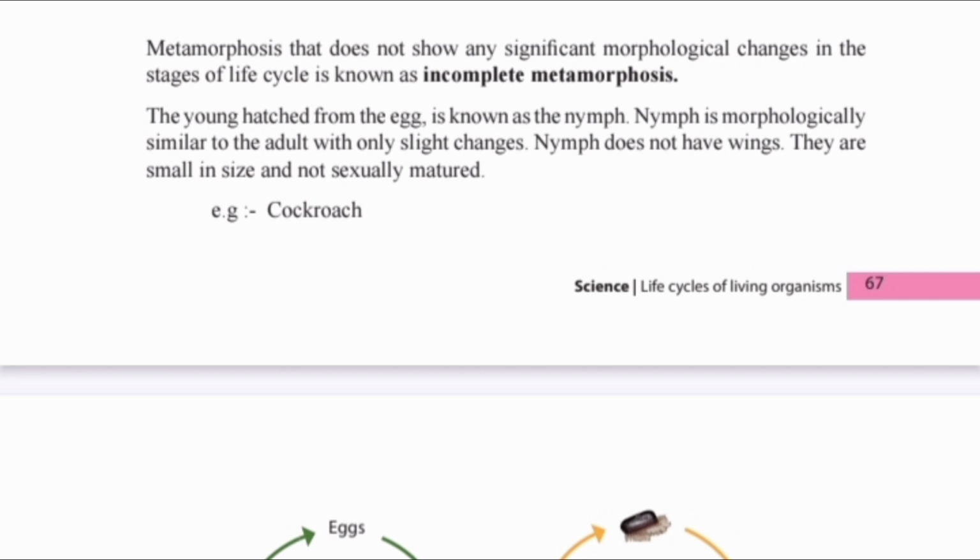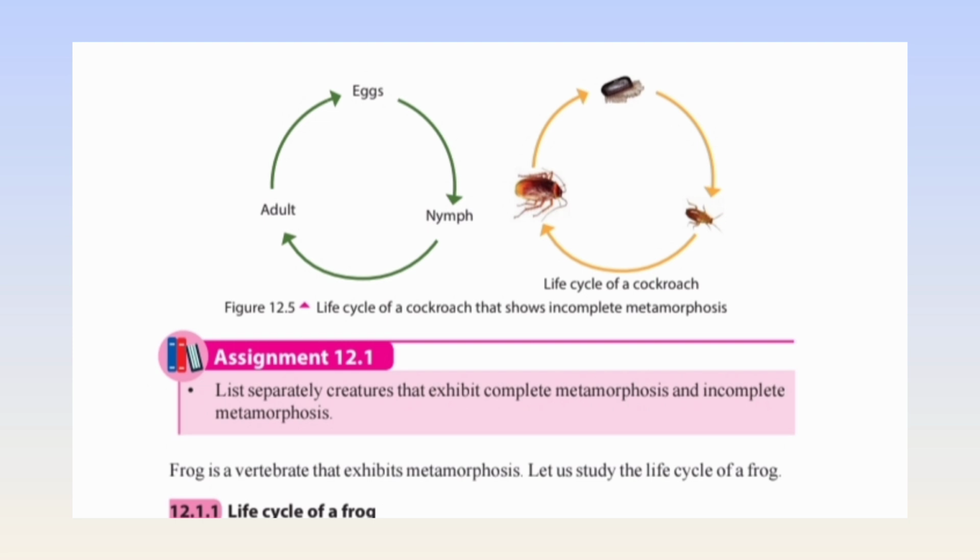Okay, I think you all understood it. That is the text. The young nymph is morphologically similar to the adult. Second characteristic, nymphs lack wings and are not sexually mature.